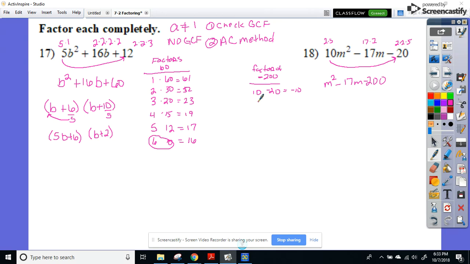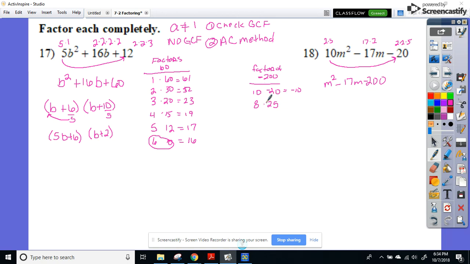Nope. 200 divided by 18? Nope. I'm going to go back the other way. I said, let's do 8. Yeah, 200 divided by 8. So that means 8 times 25. 8 times 25 will give me 200.